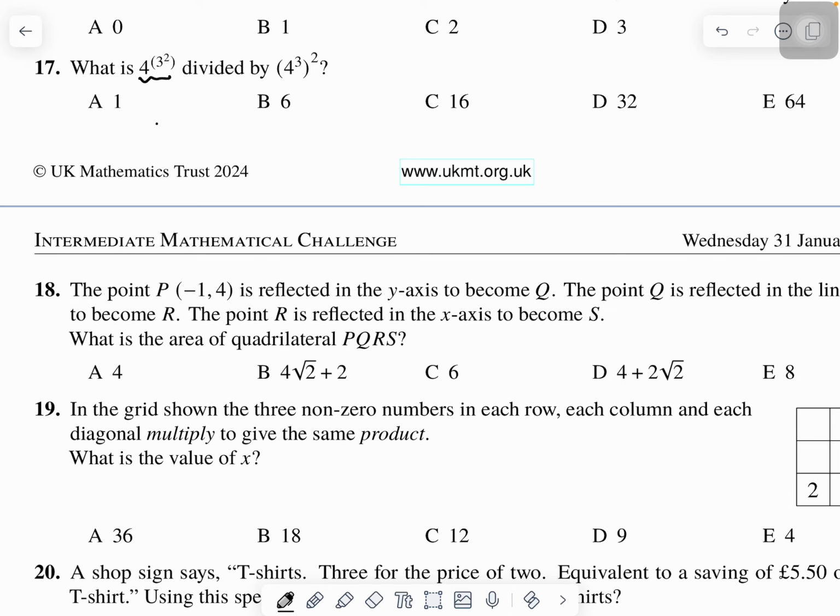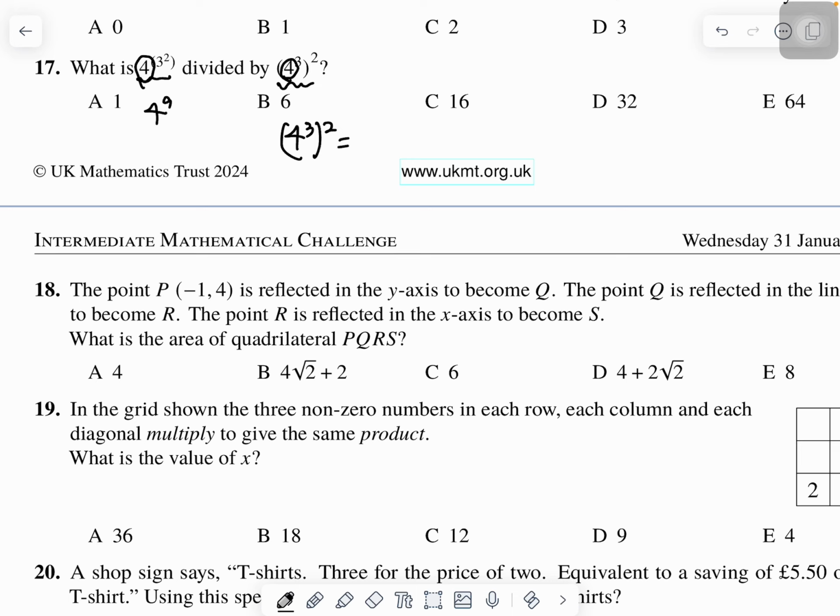So here, 4 to the power of 9, because the square is applied only to 3. And this one, as I told you, is like this, because we need to consider the bracket first. If you want to make it 64 squared, you don't need to do that, because we need to stick to this base 4 to make the calculation simpler.